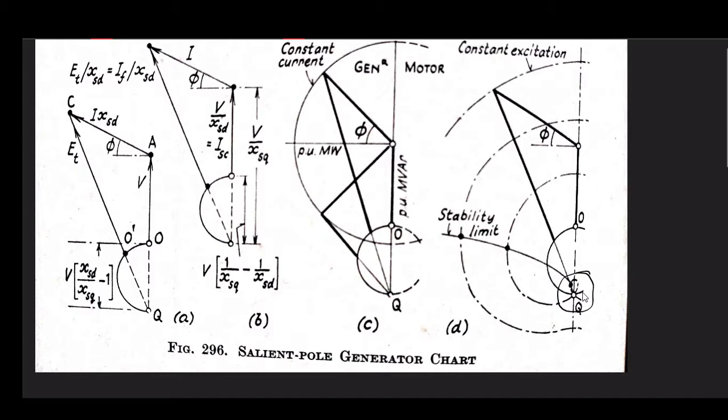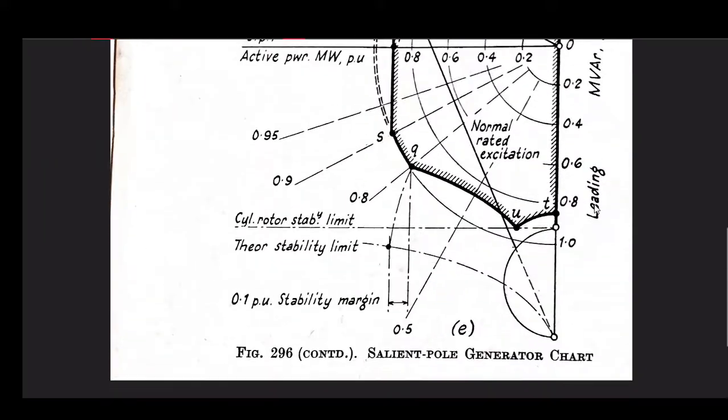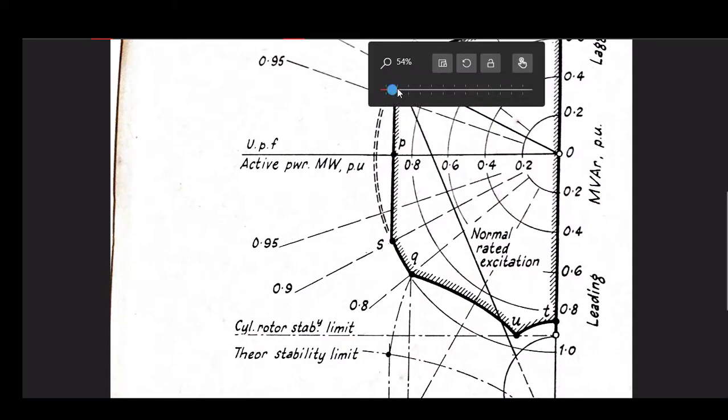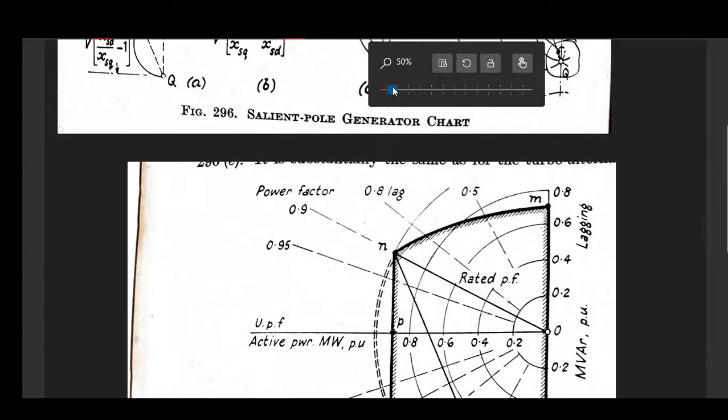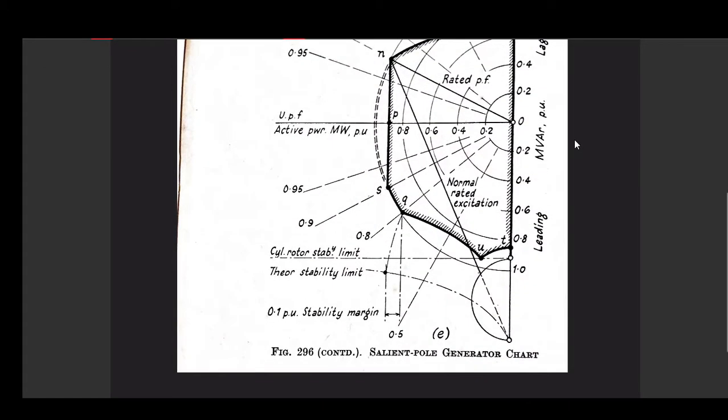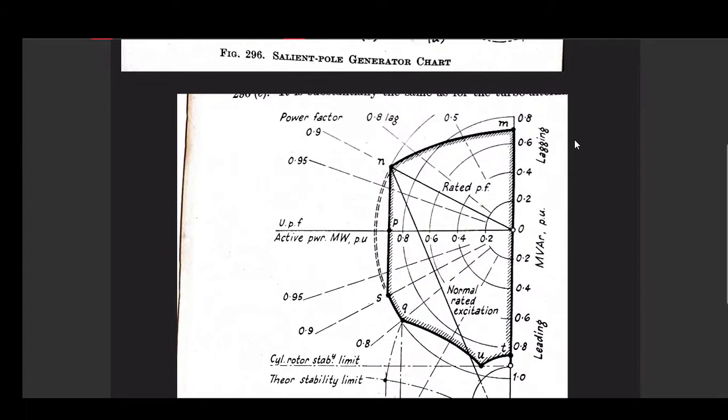Now we can do the load rating, like the generator rating chart. In this diagram you can see that all these remain the same, how these points are coming.